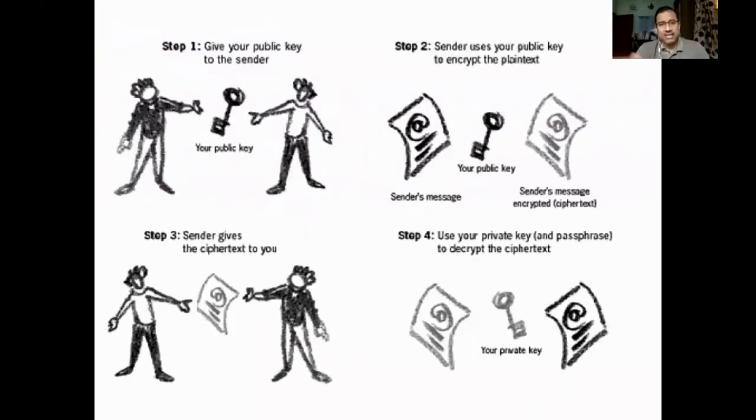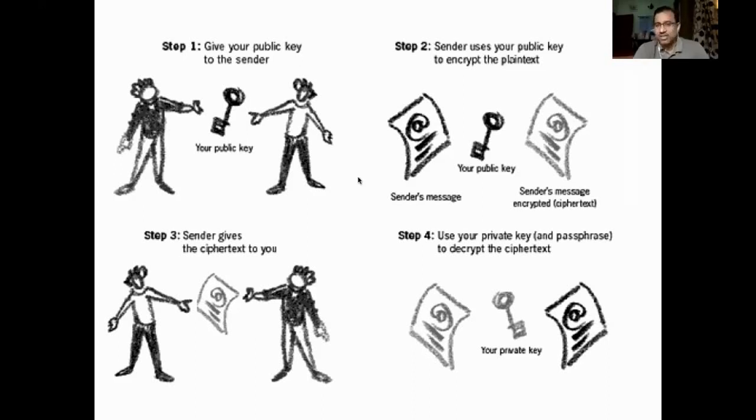So sender and receiver have to distribute the public key, and there is no problem, because if somebody knows your public key, it's fine, because the message meant for you cannot be opened by the public key. A message meant for you can only be opened by your private key, and your private key is only with you. You are only distributing your public key. That's the process, again described pictorially: you give the public key to all the participants who want to communicate.